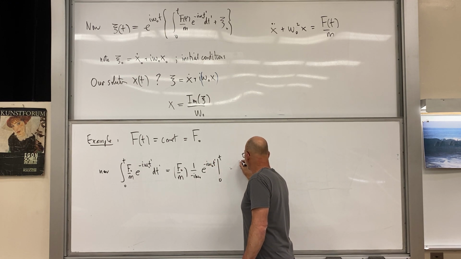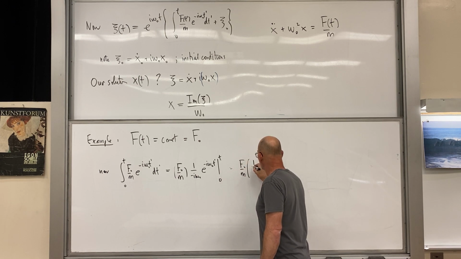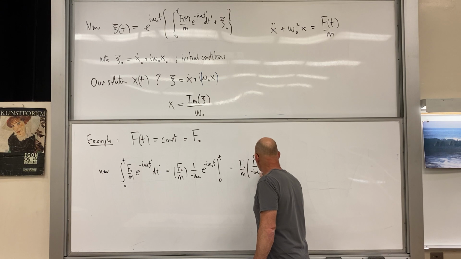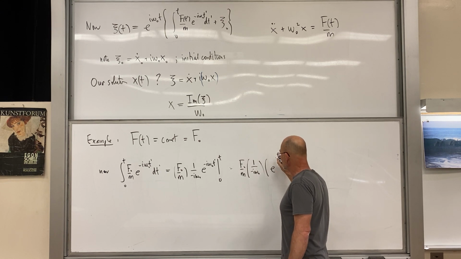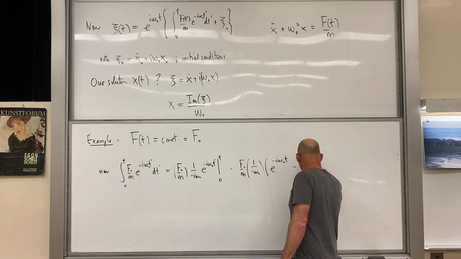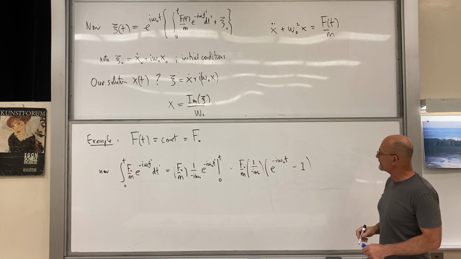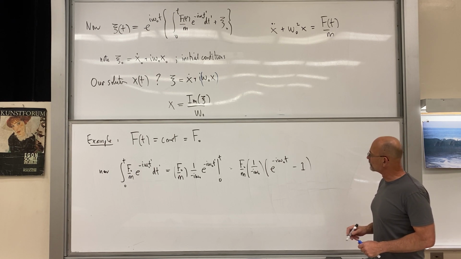So we've got F naught over m, 1 over negative i omega naught, e to the minus i omega naught t, minus 1. And we'll just leave that.